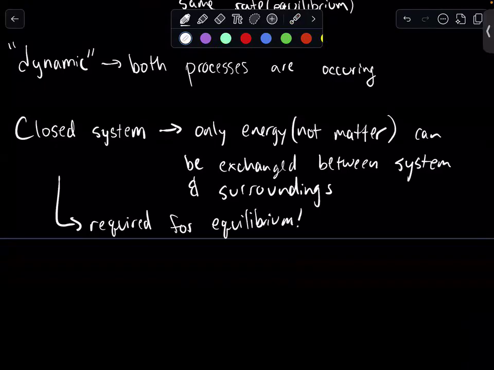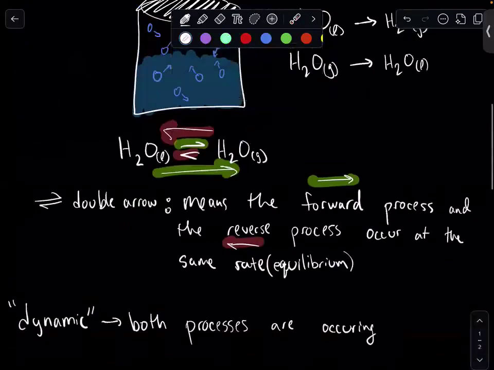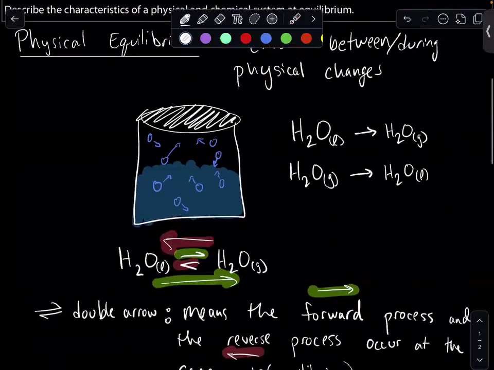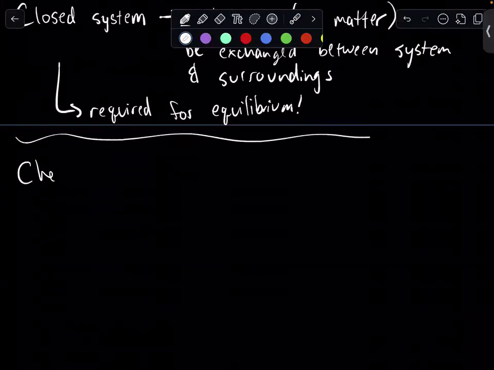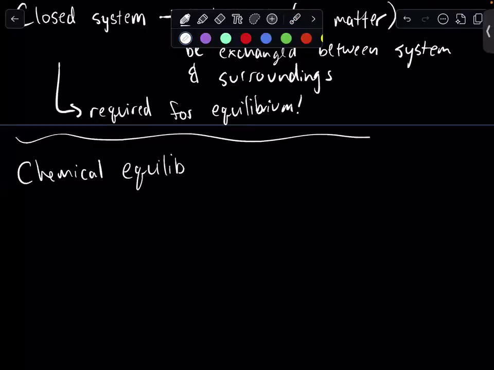All right. So a physical equilibrium, like we said, discusses a physical change such as a state change. But what we care more about and what we focus far more on is what we call chemical equilibriums. So chemical equilibriums are quite similar to physical equilibriums. They involve chemical changes.